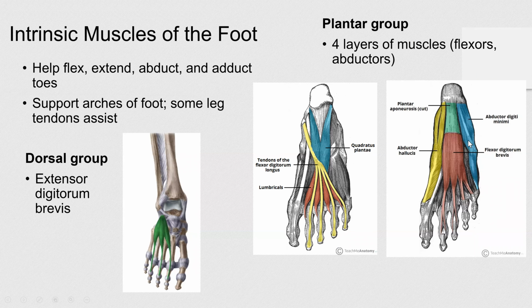You can see muscles shown over here that we are not going into detail on. We're just going to say dorsal group and plantar group. In the dorsal group, because it's one muscle, we can just remember it's extensor digitorum brevis. Intrinsic muscles of the foot help flex, extend, abduct, adduct toes, and support arches of the foot.